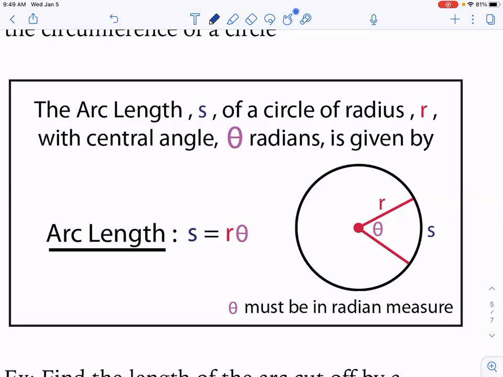But this angle came from our radian measure definition, so this angle has to be in radians. So we are finding arc length right here, what I'm highlighting in yellow, by taking radius times our angle, but the angle has to be in radians. That's the formula that you're going to need.